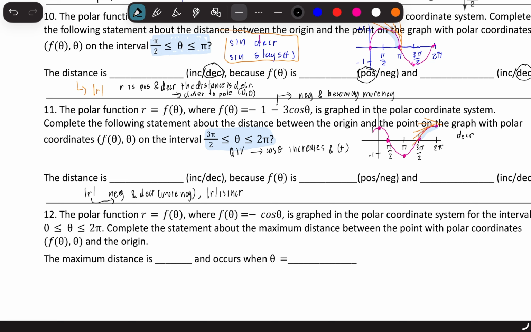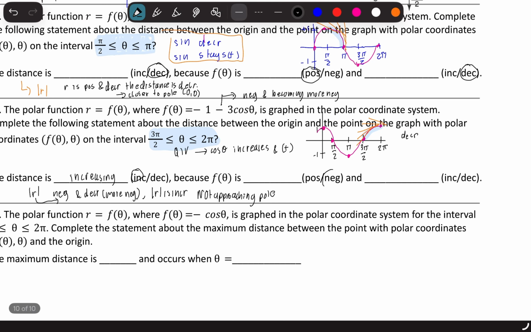That's because if it's negative right now and it's only getting more negative, that means it's not getting closer to the pole. It's not approaching the pole. It's going away from the pole. So because of that, the distance from the pole is increasing because f of theta is negative and decreasing.